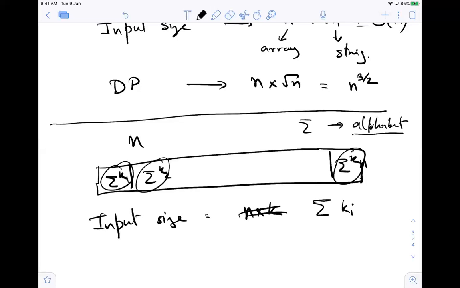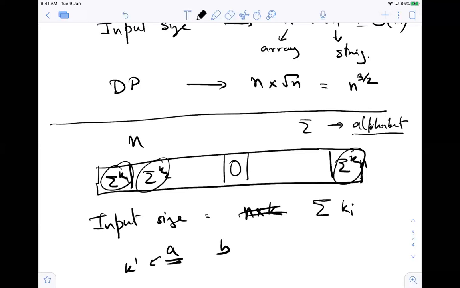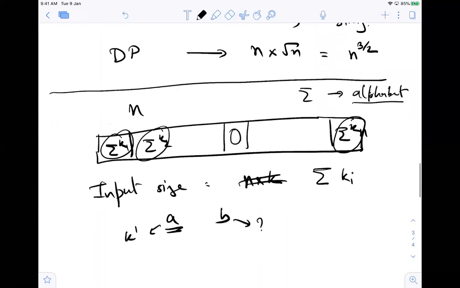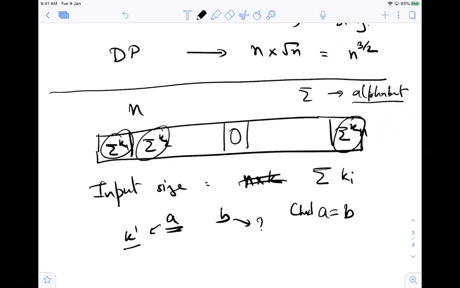I think you can do it in summation of ki steps. Say I give you a string A and a string B. A has size k1, and B has some size. How much time will it take to check whether A and B are equal?